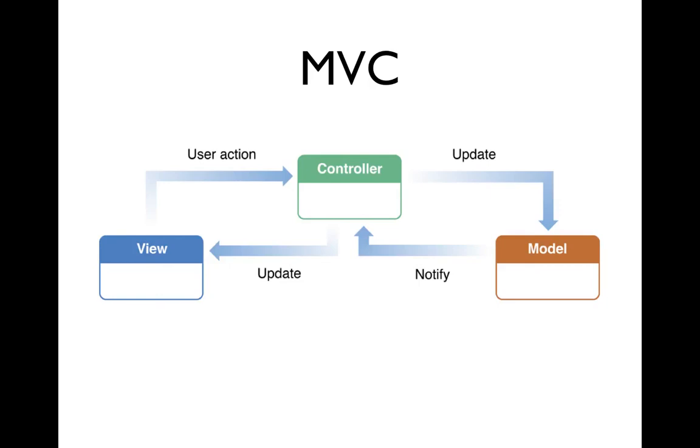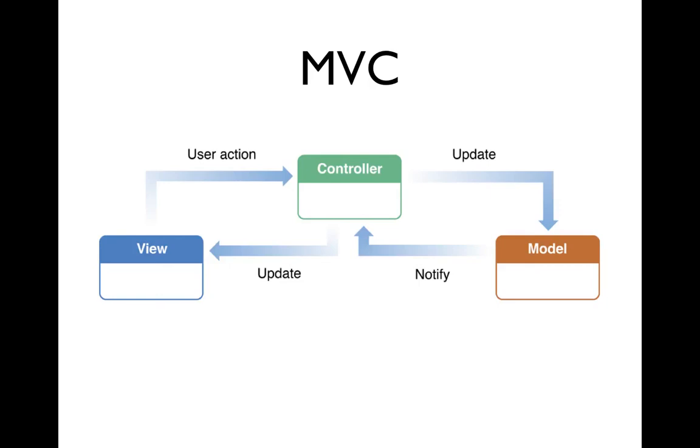The view is something that the user sees and interacts with. So it's not just the data that you display to a user, like on a screen or with a sound or maybe printing on a printer. It's also the interface the user uses. So the buttons, maybe the touch screen, something like this. The user interaction agent is the view. And the controller is the medium, something in between the model and the view.